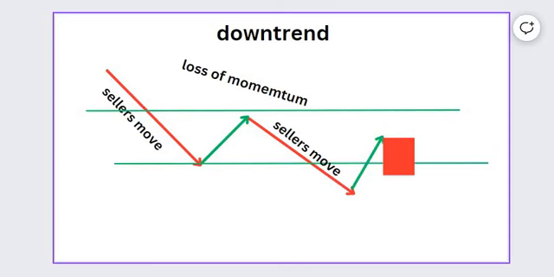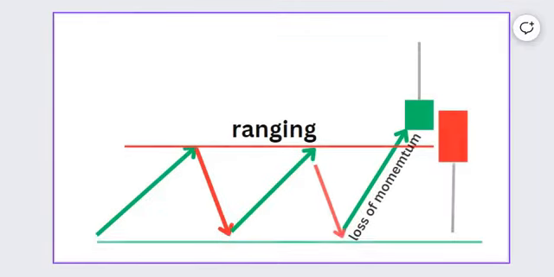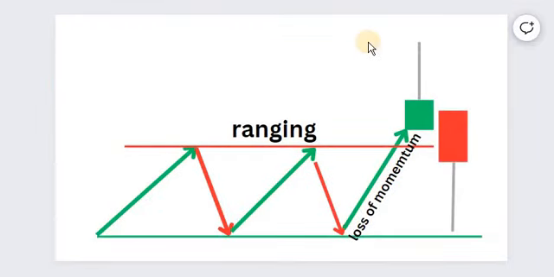The same thing happens in a ranging market. The loss of momentum in the uptrend will cause a reversal, a fake breakout. When the breakout happens with loss of momentum in the ranging market, the fake breakout occurs, and we get stuck in the market and hit by the fake breakout.